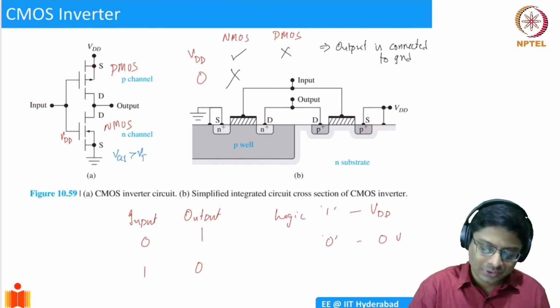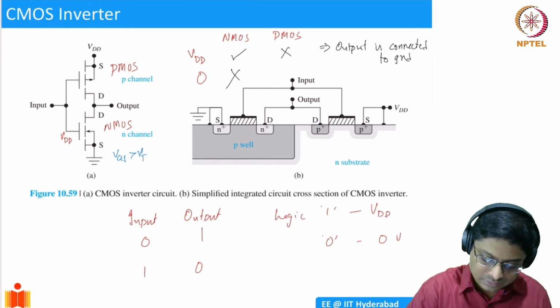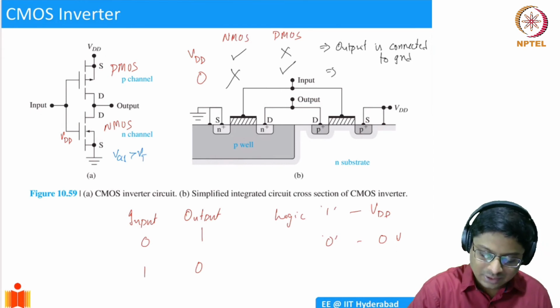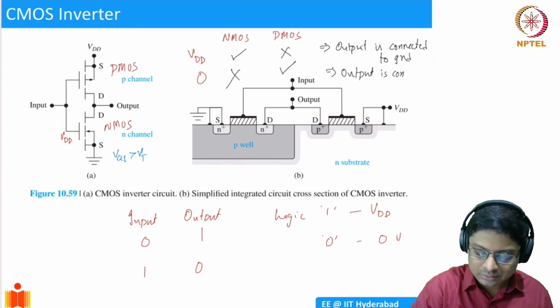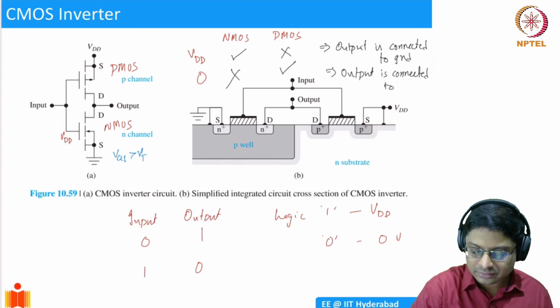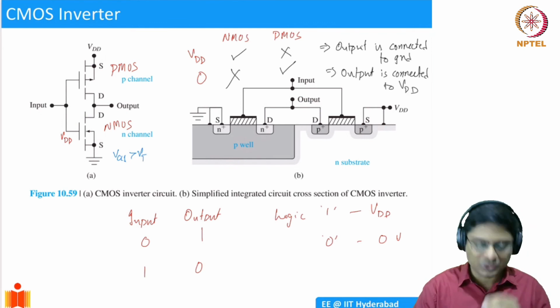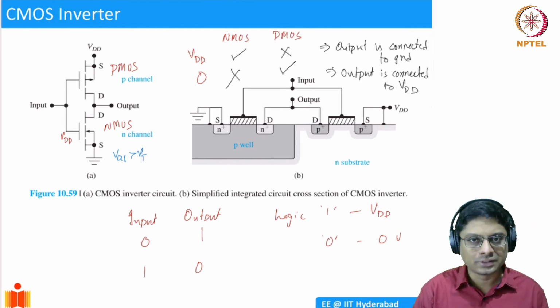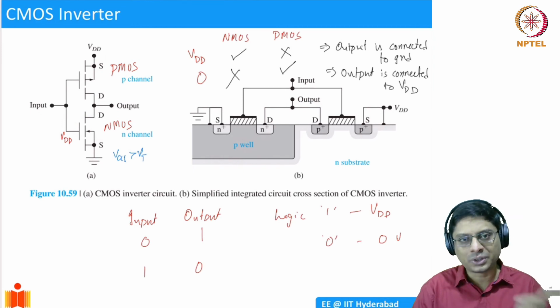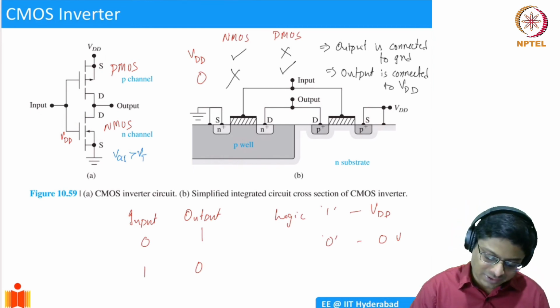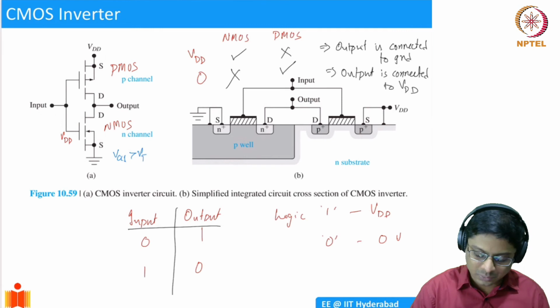So the PMOS device is on. This implies the output is connected to VDD, which means output is 1. Output connected to ground means output is 0. So that's how you get this logic 0 and 1, 1, 0.